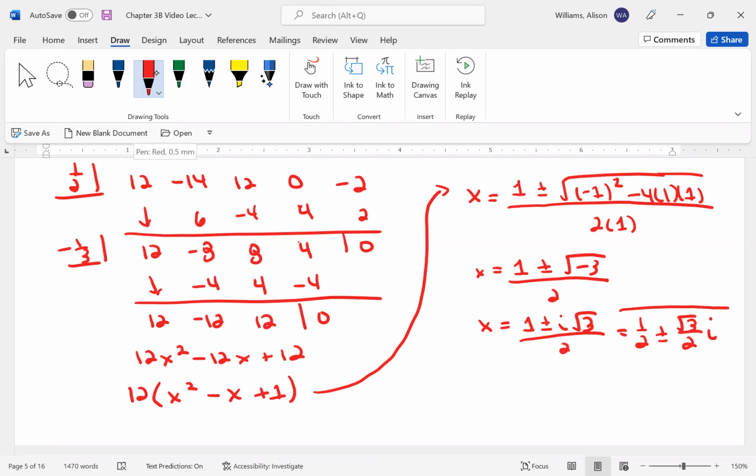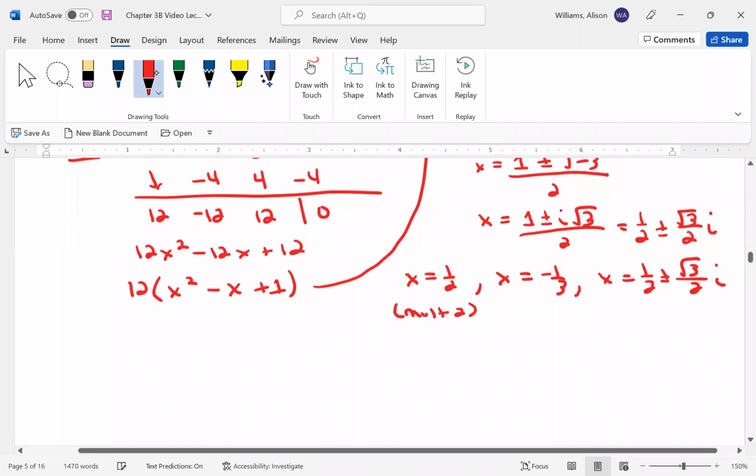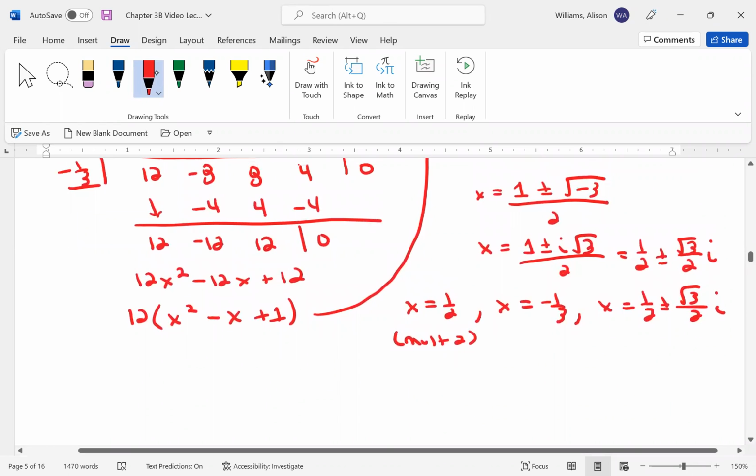So here, let me go ahead and list them. So we had 1/2 with a multiplicity of 2. Then we had negative 1/3, and now we have 1/2 plus or minus the square root of 3 over 2 i. And if I have enough room, yes, I want to write out the factored form of the function.